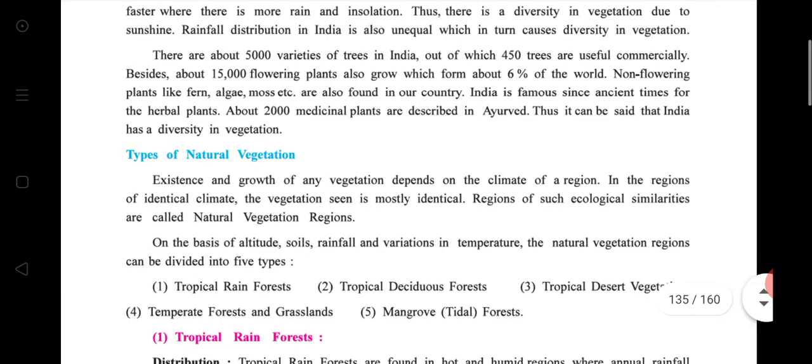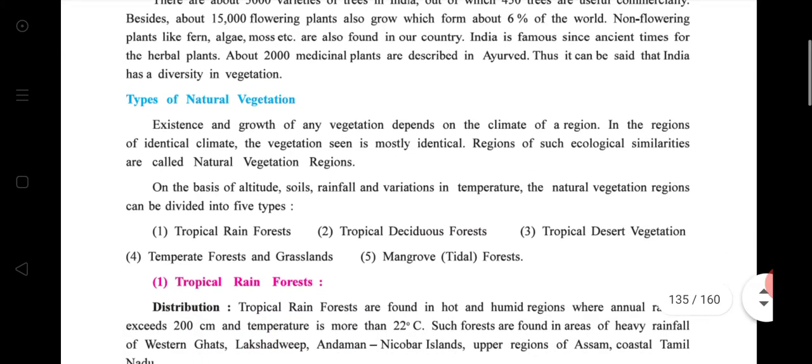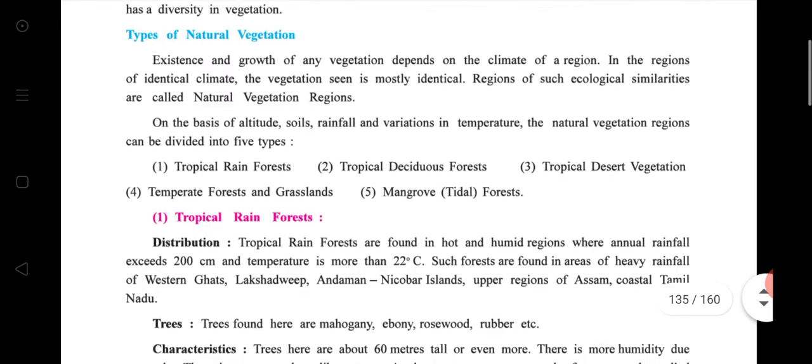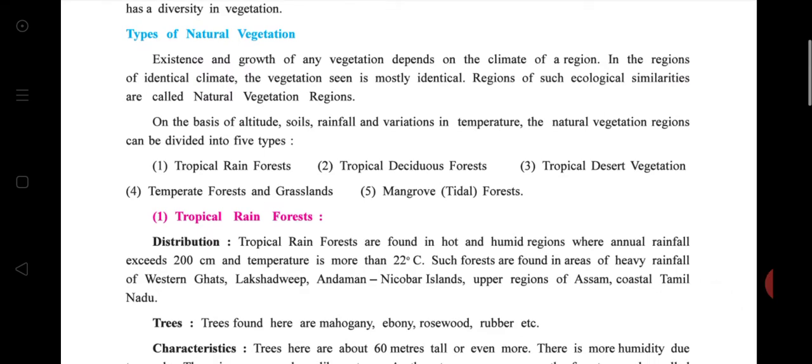Then 2,000 medicinal plants are described in Ayurveda, and it can be said that India has a diversity in vegetation. Then types of natural vegetation: rainforest, deciduous forest, desert vegetation, forest and grassland, and mangrove forest.